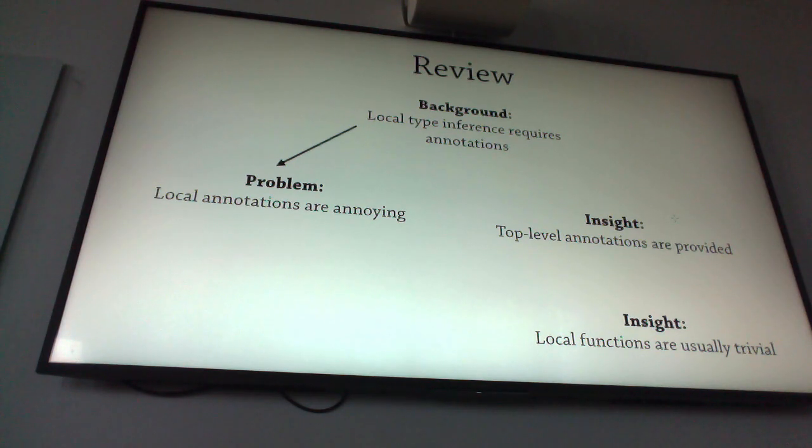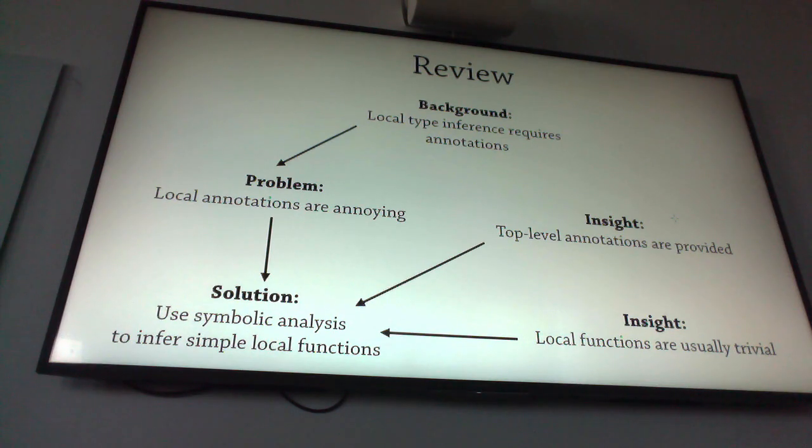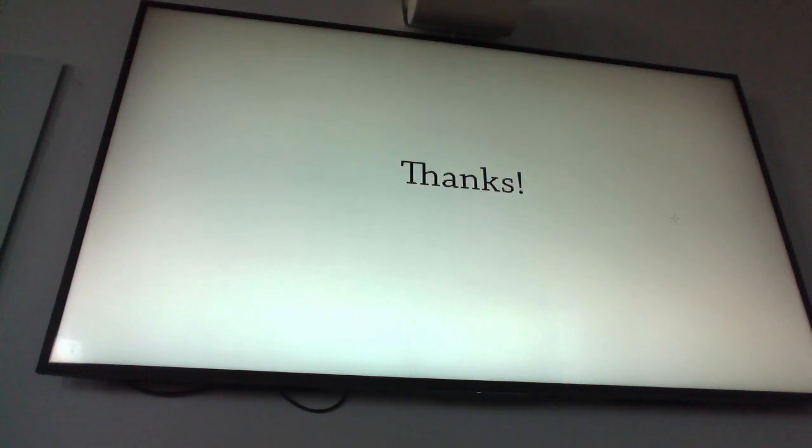So we can bring all these together and use a symbolic analysis to infer simple local functions, that I like to think of as local type inference's equivalent to crush. It's like, okay, crush this. And if you fail, well, I should have known better, that kind of thing. All right, thanks.